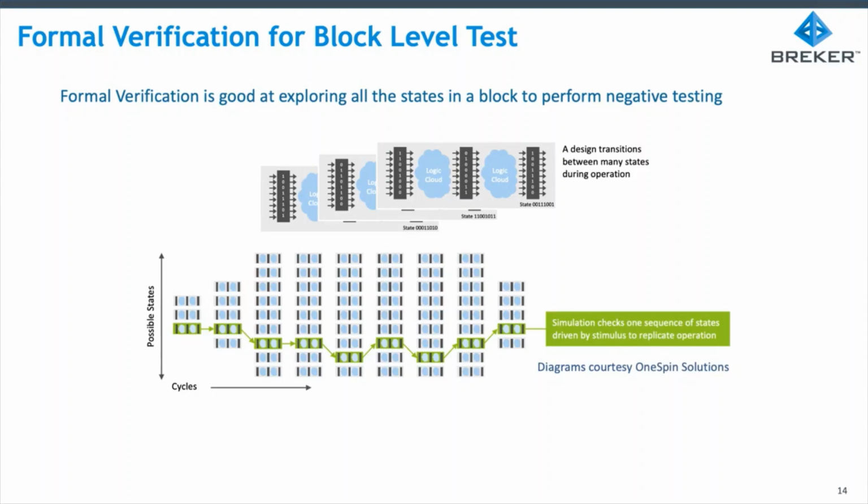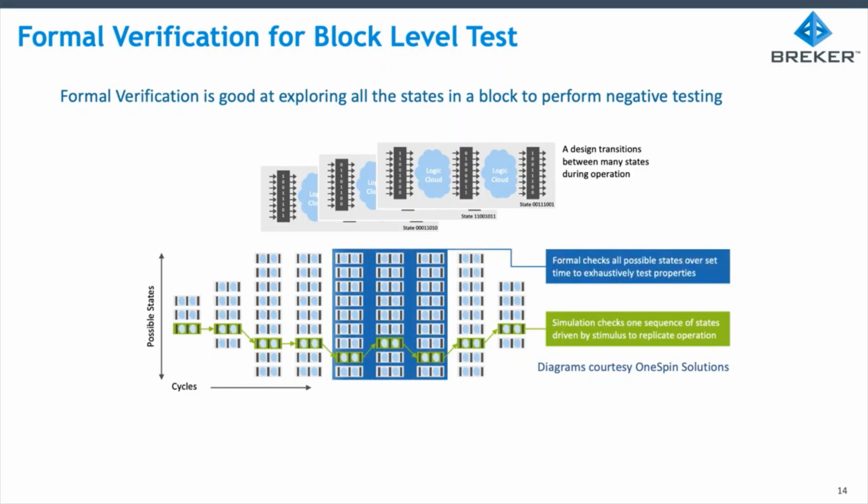If we look at how formal verification operates and imagine the state space of a design exploded across all the possible states and across all the clock cycles, then the way a dynamic system such as simulation or emulation operates is by looking at one particular path through the state space clock cycle by clock cycle. Formal verification operates by looking at all the state space in a smaller number of clock cycles.